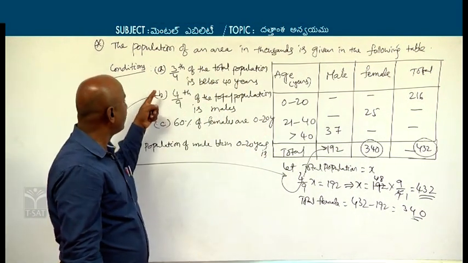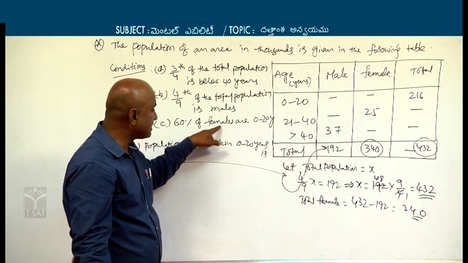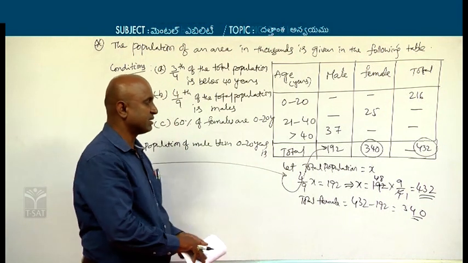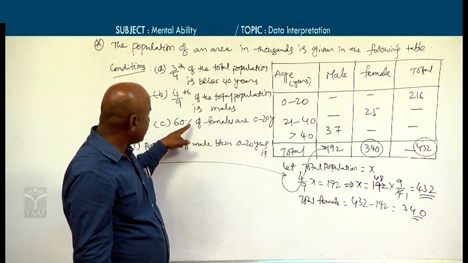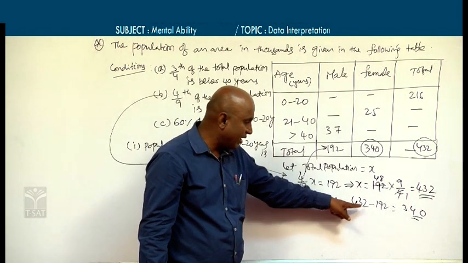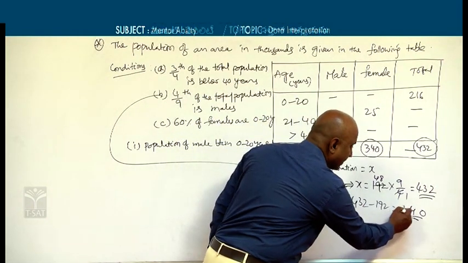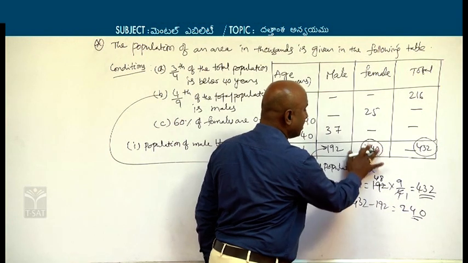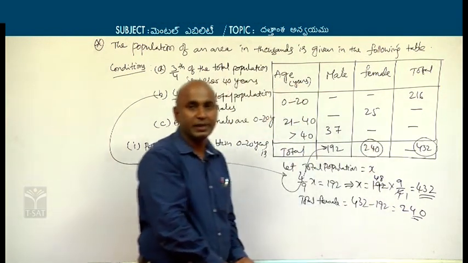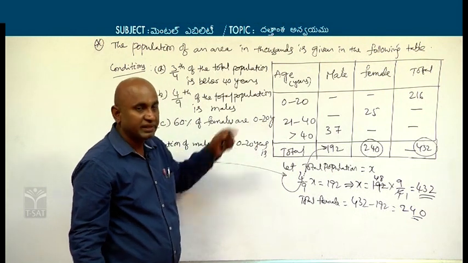Now we will go to the next condition: 60% of females are 0 to 20 years. What is the total female population? 432 minus 192, it is 240, I am sorry. So 240. Now 60% of the females are 0 to 20 years.